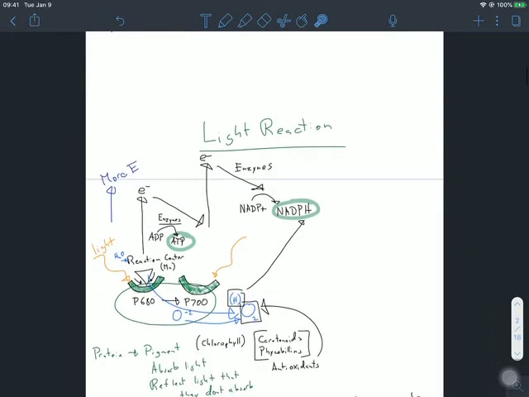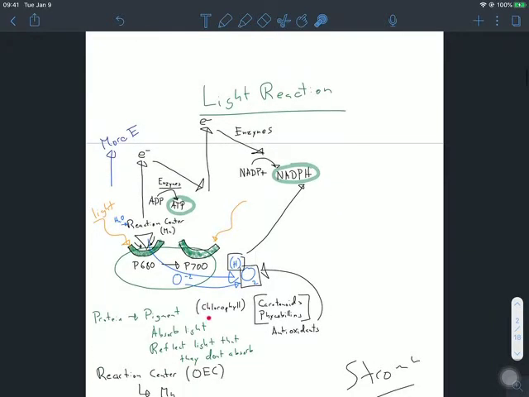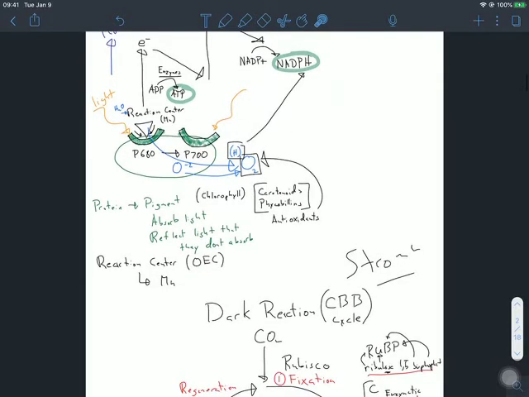Now, we talked about how our different pigments, like chlorophylls, are able to absorb energy, vibrate, and transfer that energy in order to rip apart water, at the reaction center, or the oxygen evolving complex that has manganese inside of it.